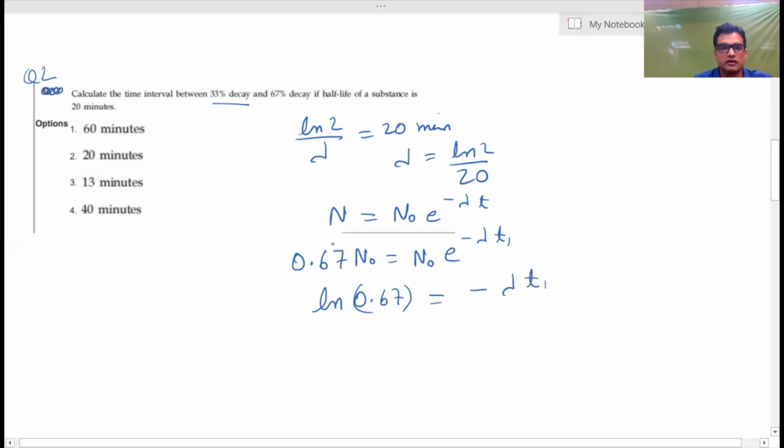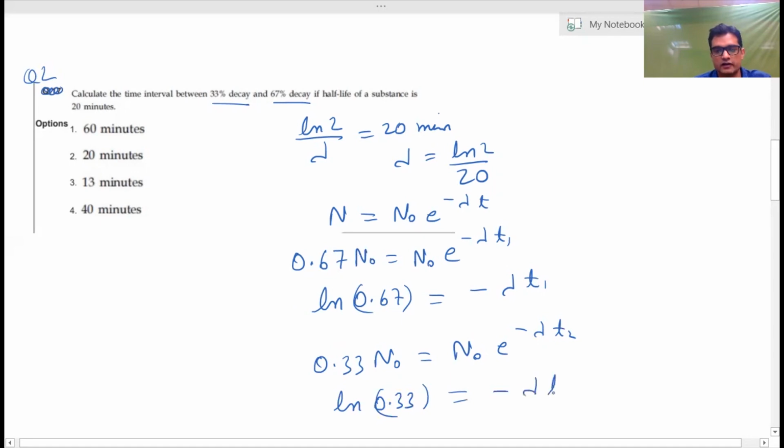Now for 67% decay, the remaining nuclei will be 33%. 0.33 N naught is equal to N naught e to the power minus lambda t2. Now I'll take ln on both the sides, so ln 0.33 is equal to minus lambda t2. So this is equation 1, this is equation 2.